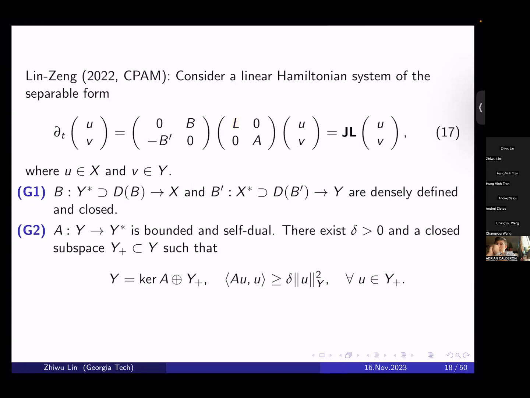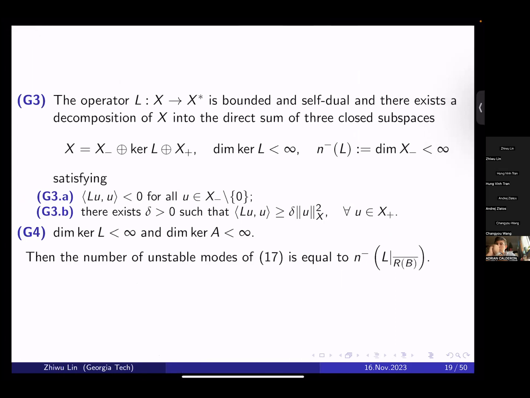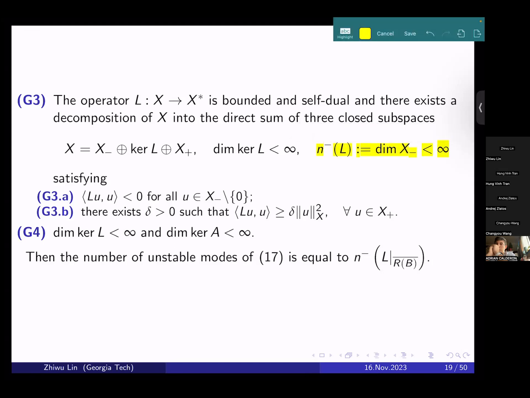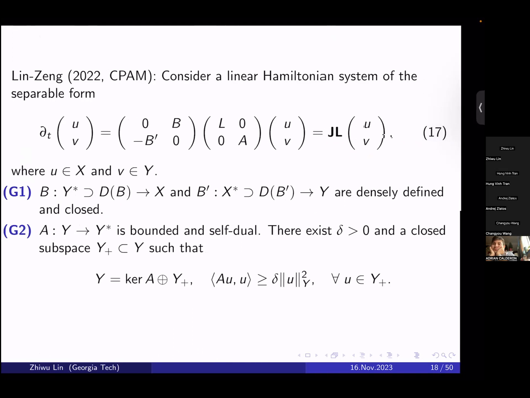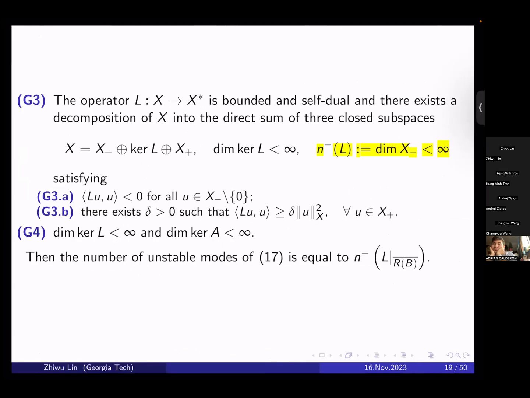We can decompose the quadratic form of L into the negative space, the kernel space, and the positive space. The most important assumption we made is that the number of negative directions is finite. In other words, the quadratic form of L has only finitely many negative directions. And for the second diagonal entry, A is a non-negative operator, so it has no negative directions.